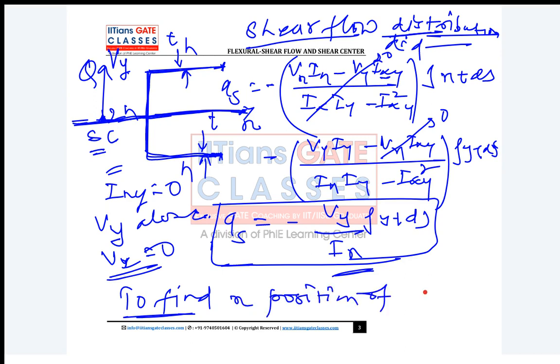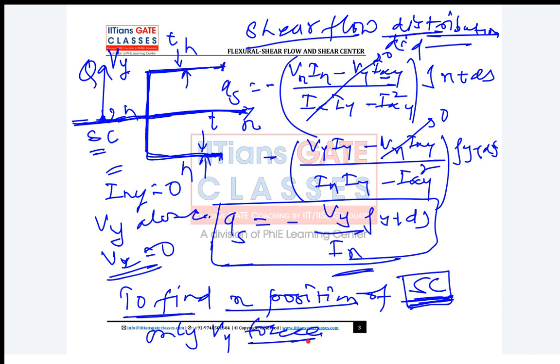To find the x position of the shear center, actually I have not yet explained what the shear center is; that I will explain. Just before that, I will explain how to draw the shear flow distribution. To find the x position of shear center, you require only the Vy force.